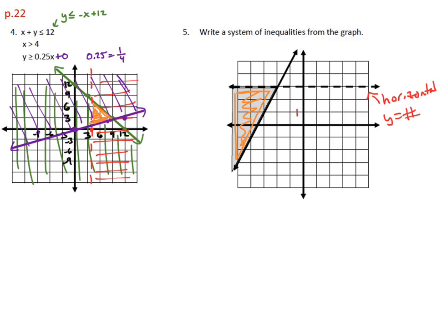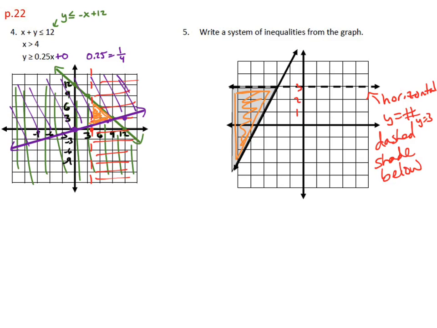Well, assuming that we're using a scale of 1, that means that we have a line that's passing through 3 on the y-axis, and then it's dashed and shaded below. So instead of saying y equals 3, since it's dashed, I'm not going to have the or equal to.